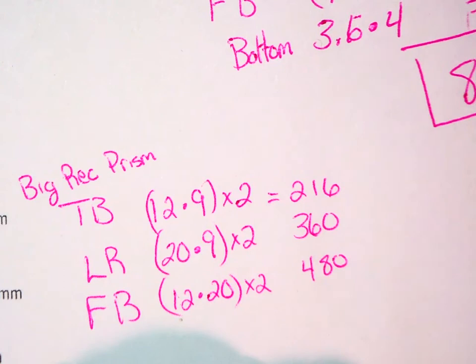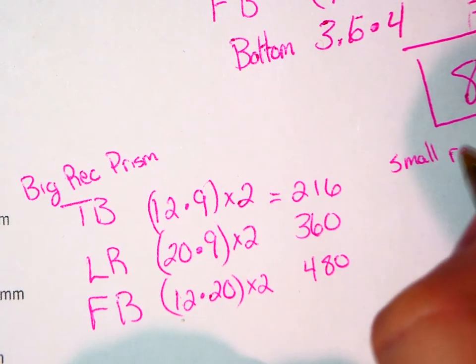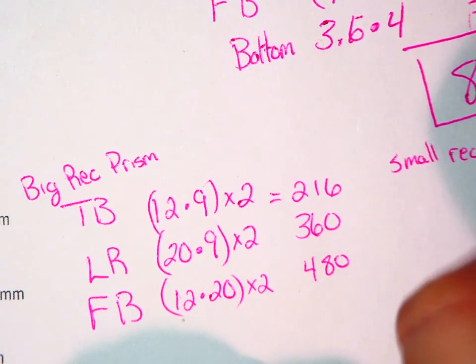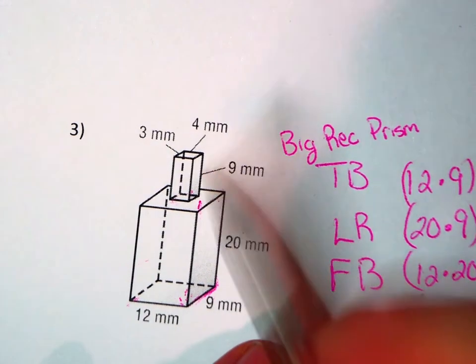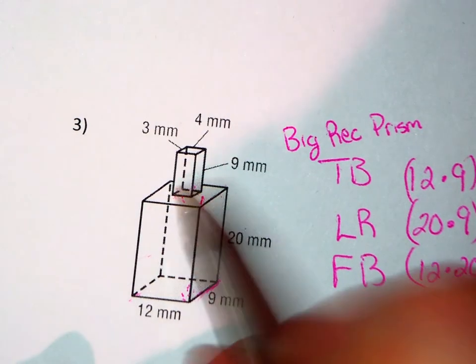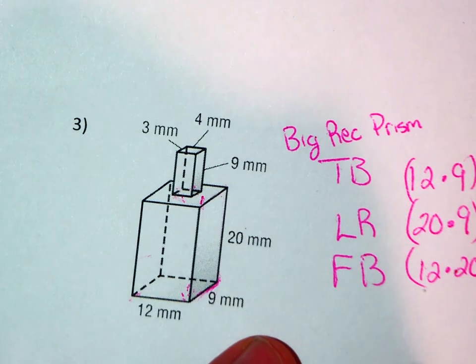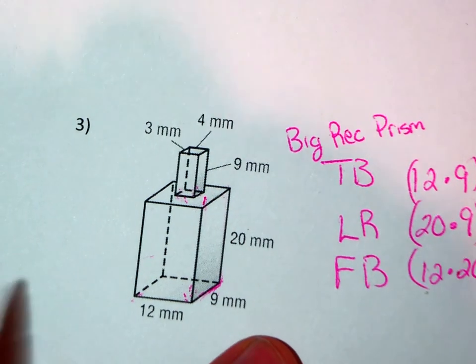Now let's find the area of my small rectangular prism. And you'll notice from the small rectangular prism that since it's sitting on the big one, first of all, we need to reduce the area of the big rectangular prism's top by the area of the little rectangular prism's top.